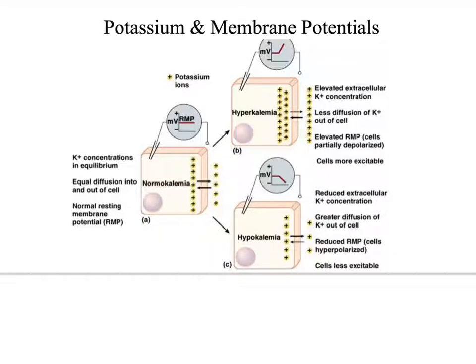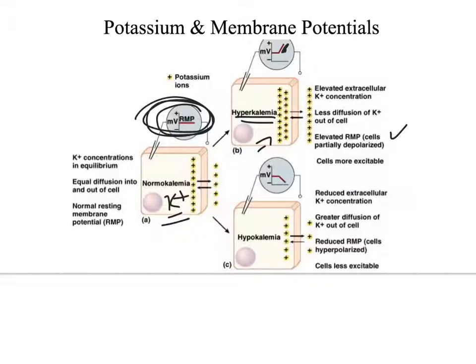Now this is just to show you hyper and hypokalemia and what's happening. Normally we're at normokalemia and we have a resting membrane potential. We have more potassium ions inside than outside. Now if we have hyperkalemia, the cells become partially depolarized, so they're ready to be stimulated.